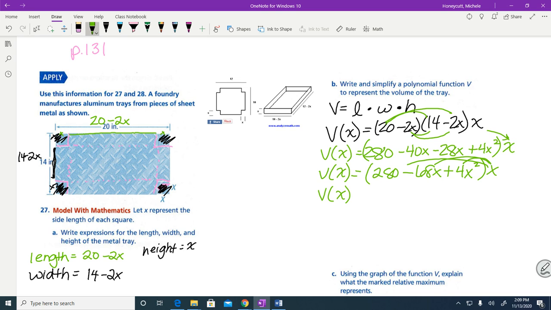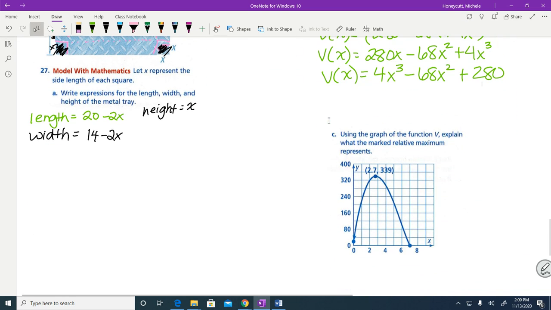So V of x would be 280x minus 68x squared plus 4x cubed. And if you put it in standard form, 4x cubed minus 68x squared plus 280x.